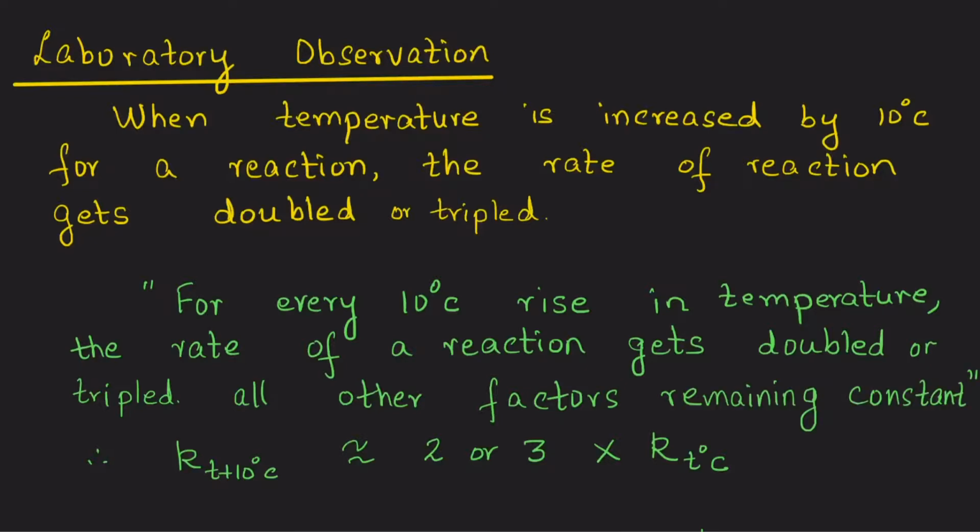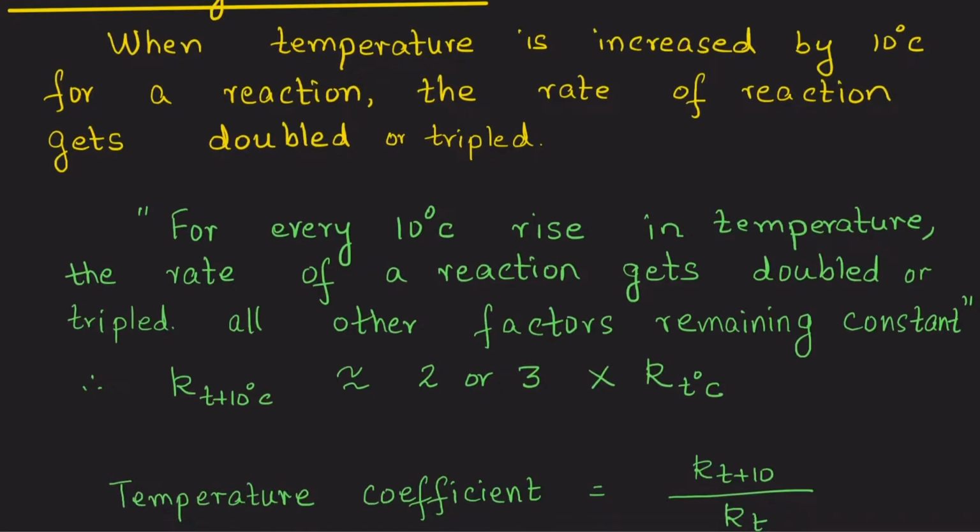So I can say that the rate constant at T plus 10 degrees Celsius is almost, that's why I have written almost, 2 or 3 times the rate constant at T degrees Celsius.